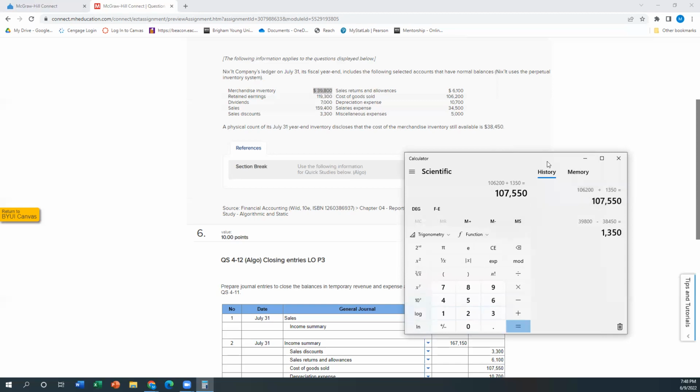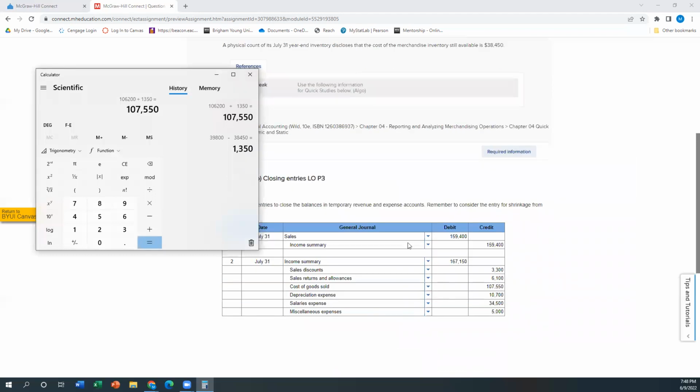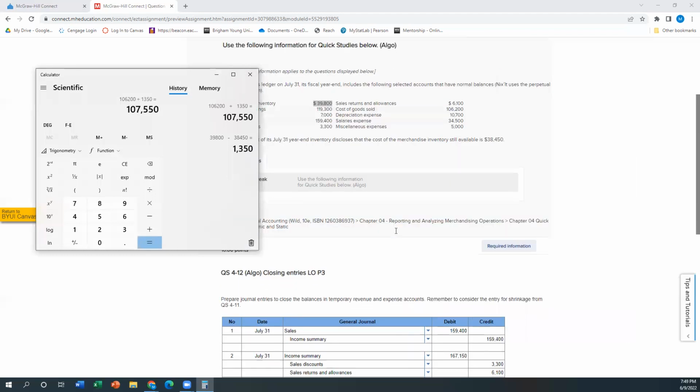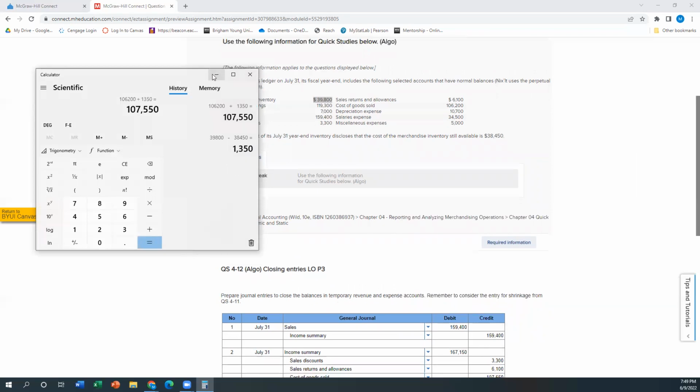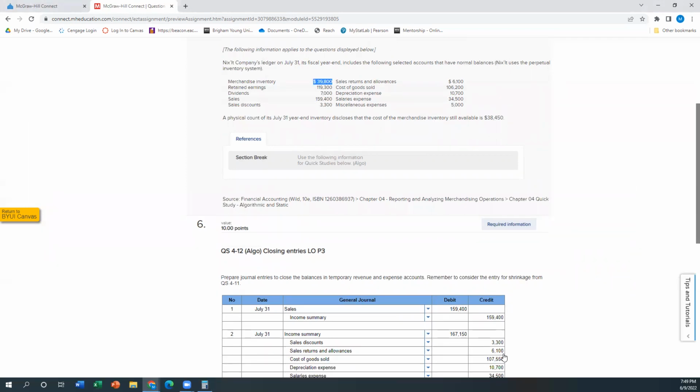All right, so now I'm just going to debit sales discounts 3,300, because that was the balance. Sorry, these have debit balances, so I'm going to credit sales discounts, credit sales returns and allowances 6,100.